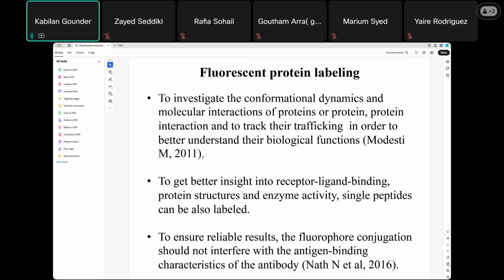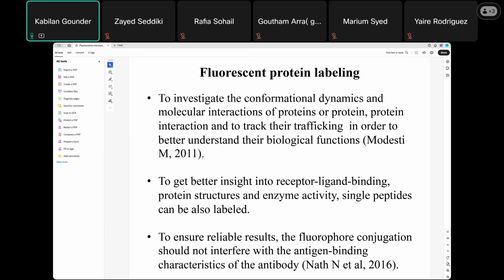How will that affect the cellular events or the functions of other proteins? Also, when you see how proteins are translocated, you can track that, and see how important these proteins and their expression are in different cell types and tissues. This helps us understand the basics of that particular protein's function and its biological functions.